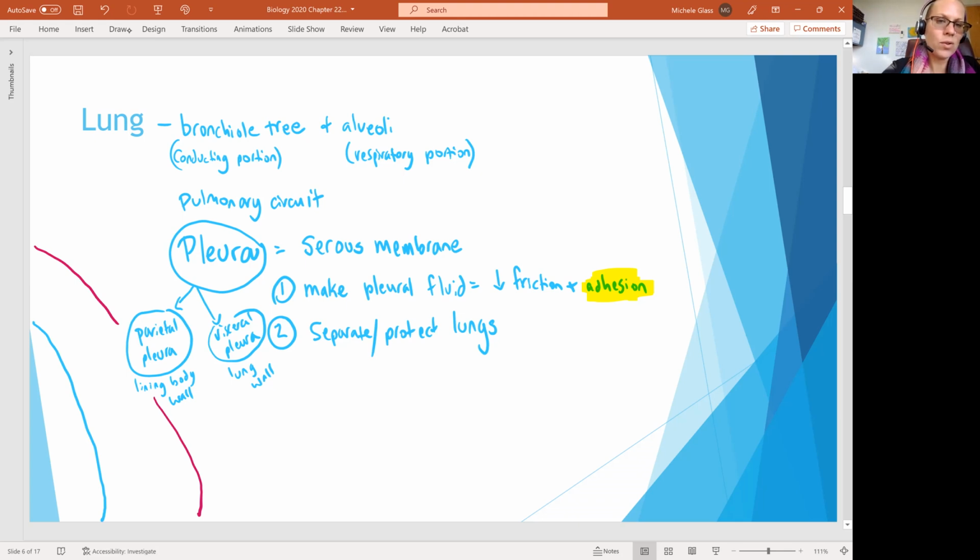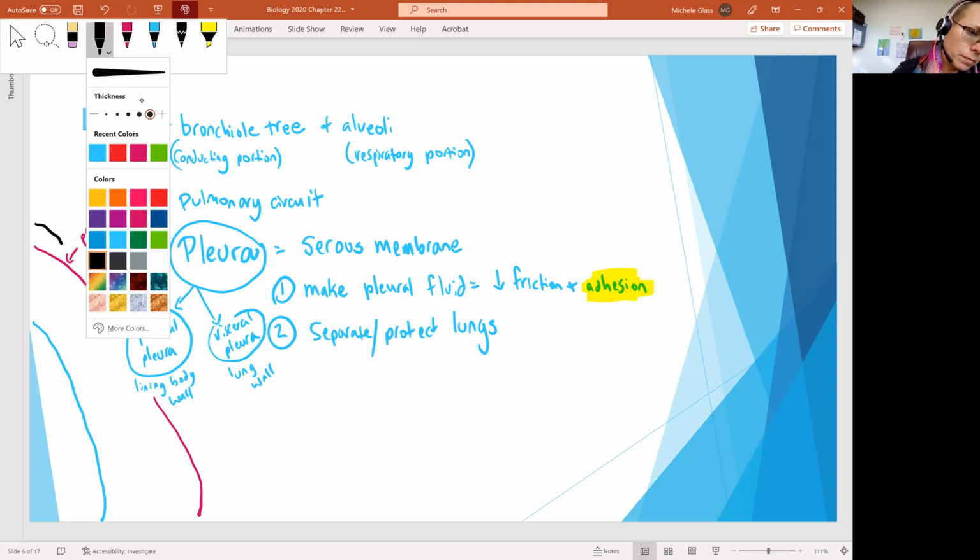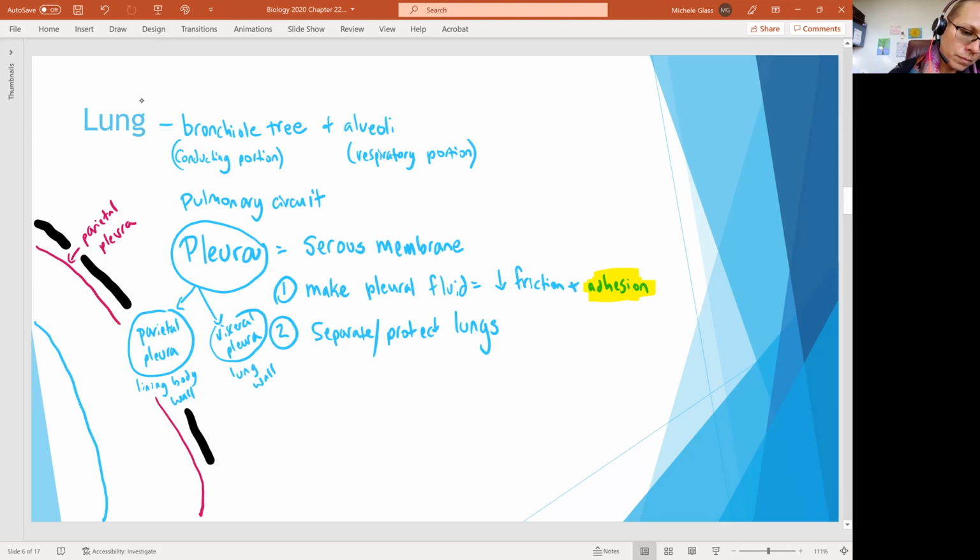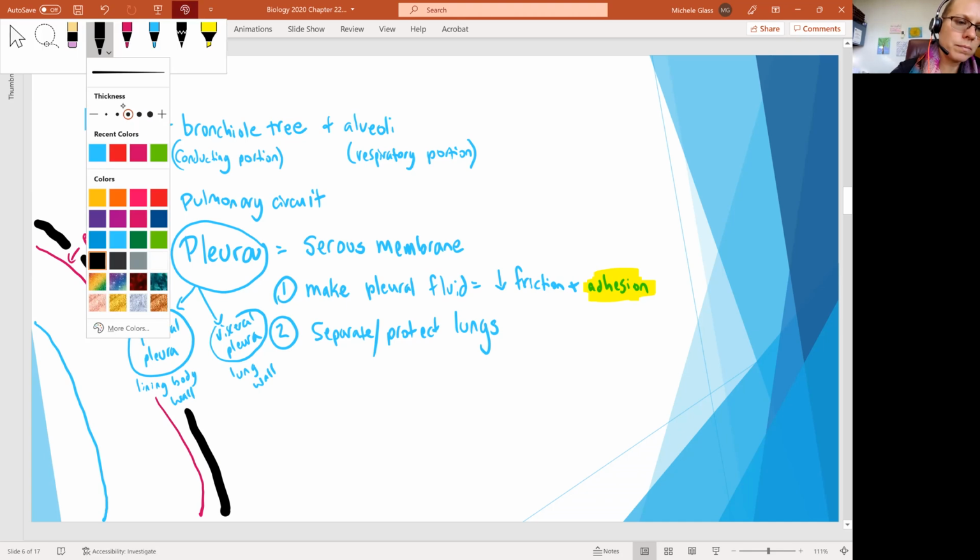And my outer line, I picked kind of a maroon color, kind of red. This is the parietal pleura. And so I'm going to take a black line. I'm going to make it real thick. And I'm going to label that black line on the outside my body wall.